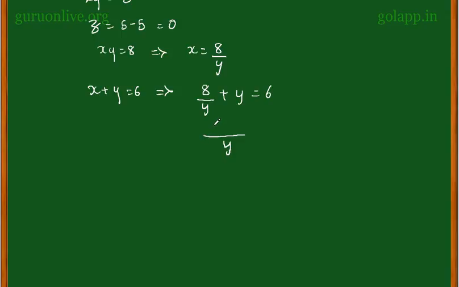The numerator of the first term will be 8 and for the second term I have only y, so I multiply y with y in the numerator. So I get 8 plus y square over y, which is equal to 6. So this implies 8 plus y square is equal to, I just cross multiply this y to 6, so I get 6y. This implies y square minus 6y plus 8 equal to 0.